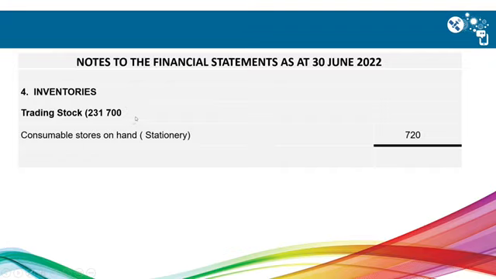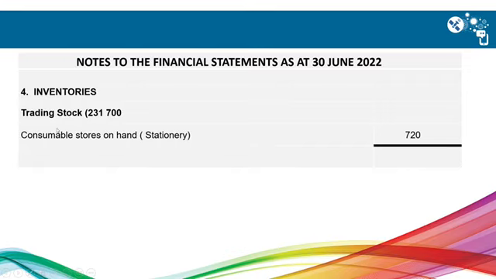What has been filled out for us? Grade 10s, the trading stock, which is a balance sheet item, has an amount of 231,700. Now, ma'am has actually gone and filled out for you consumable stores on hand.